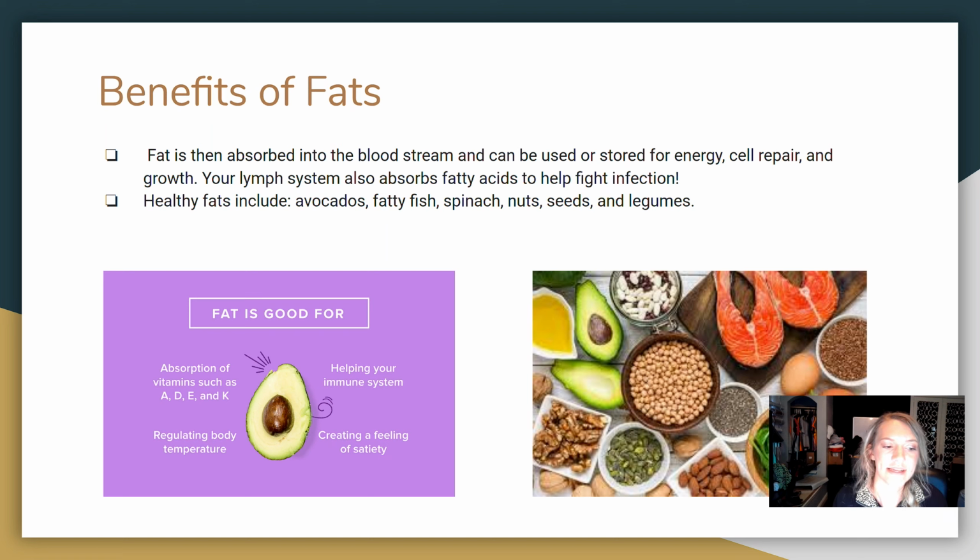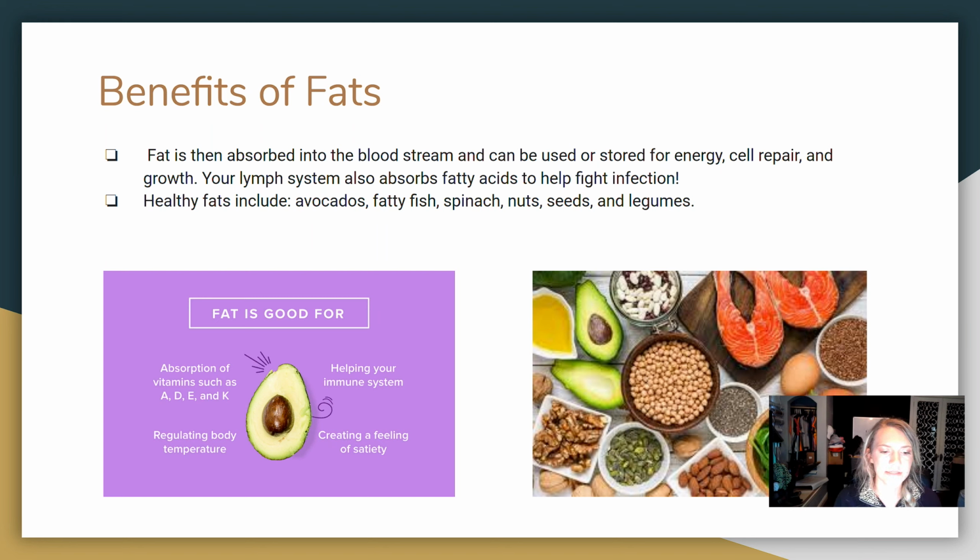The benefits of unsaturated fats are whenever they're absorbed into the bloodstream, they can be used for energy, cell repair, and growth. And your lymph system actually absorbs fatty acids to help fight an infection. This picture that I inserted on the left, you can see it just highlights a couple more benefits, such as absorption of vitamins such as A, D, E, and K. It helps regulate body temperature.